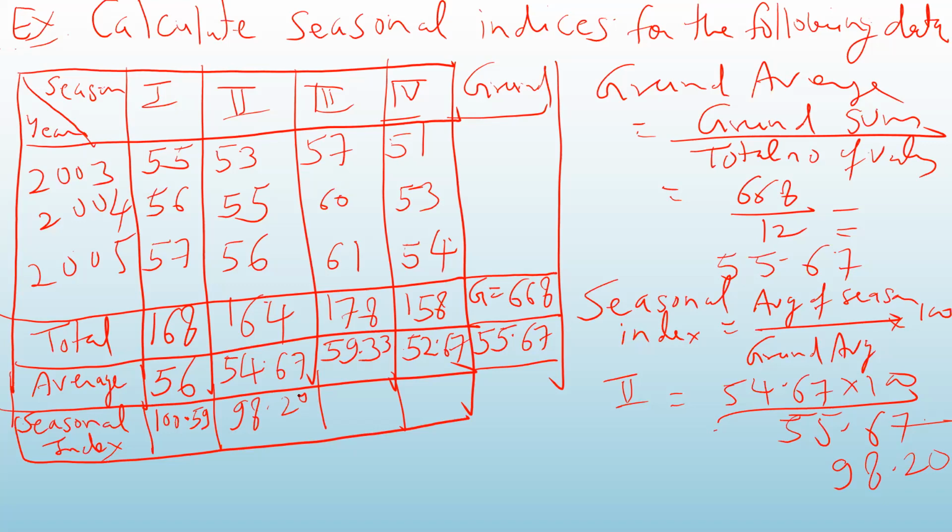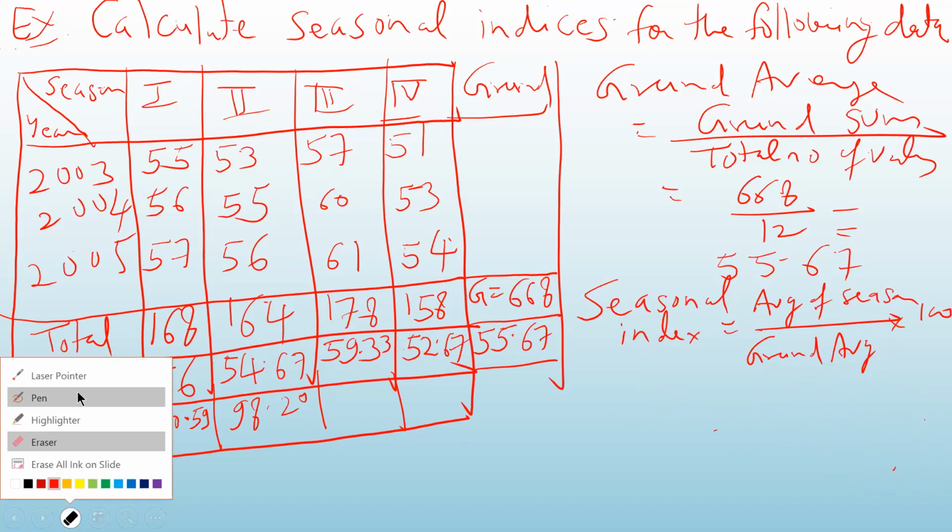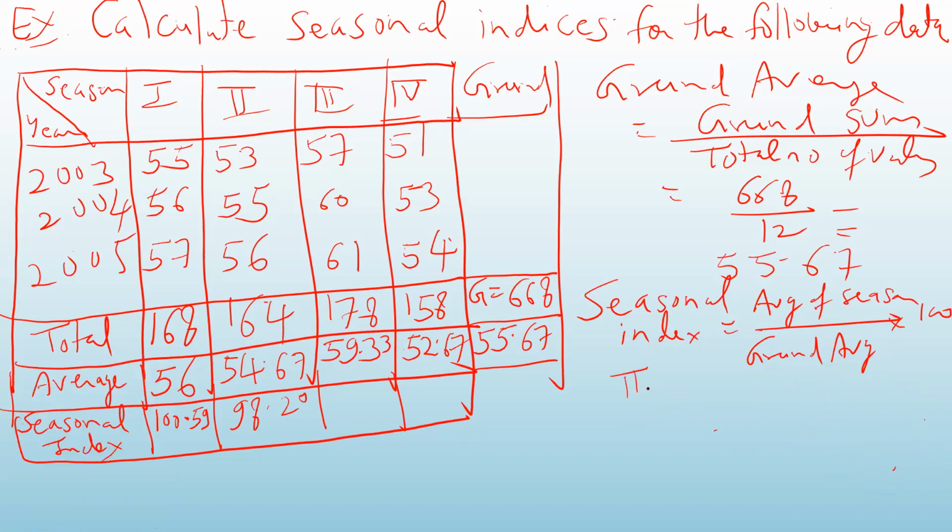Okay. Similarly, you can find out the seasonal index for the third season. The average of that season is 59.33 divided by 55.67, the grand average, into 100.